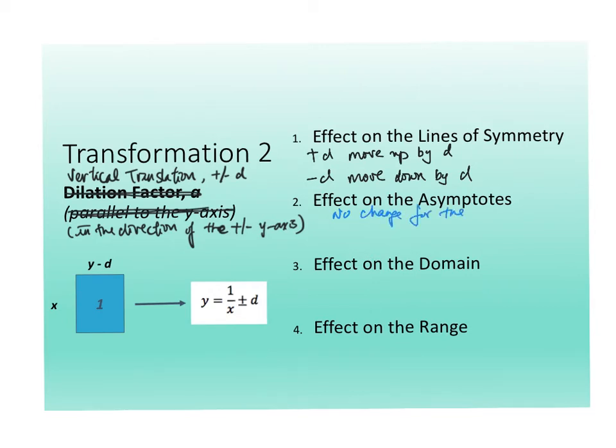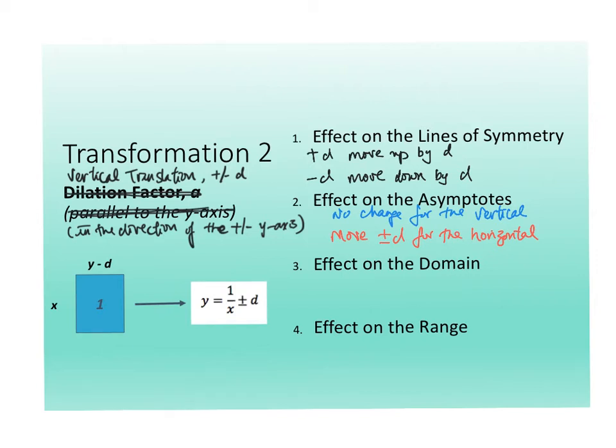Effect of the asymptote: no change for the vertical asymptote, but it moves plus or minus d up or down for the horizontal asymptote. Alright.